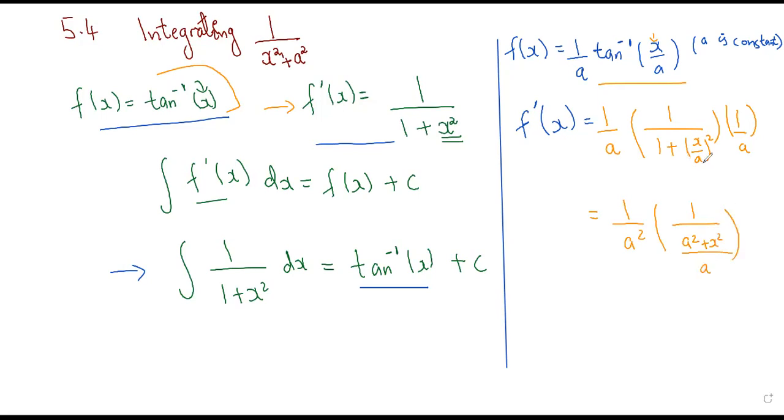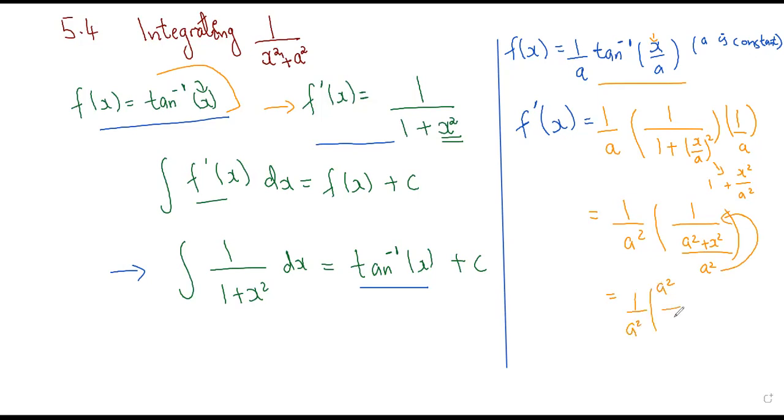How did I do this? Basically, I've opened this thing into x square by a square, and then I'll take LCM. So this is how I got this. This is a square, and then finally this a square would go here. So I have a square and I already had this a square.